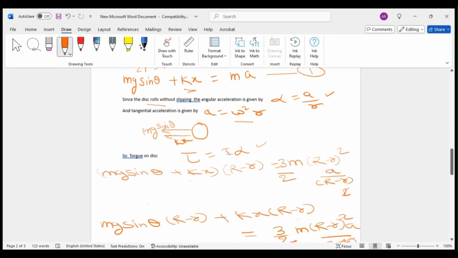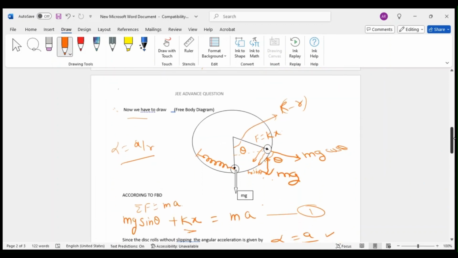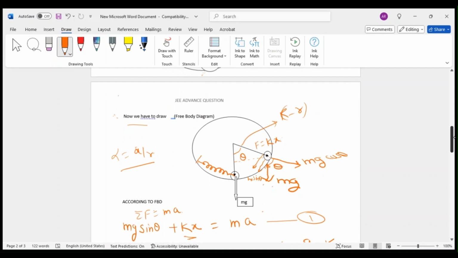Now, we have to calculate the torque. Torque is given by torque is equal to I alpha. Now, take the torque across the center of the ring, then the distance will be R minus r.